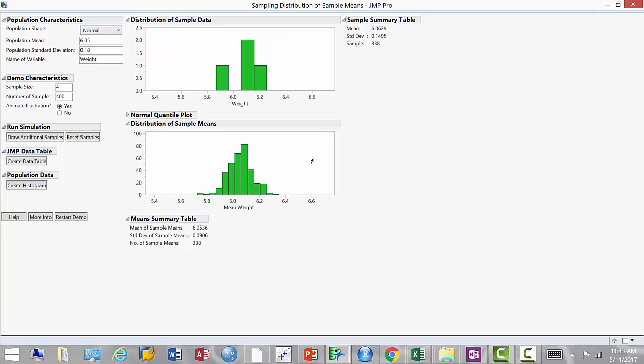All right. And that's just sample size of 4, right? That's not a huge sample size. So it's going to run for another approximately 100 samples. And I still have this peak right here.